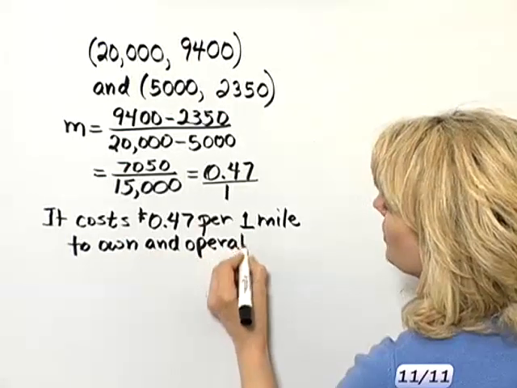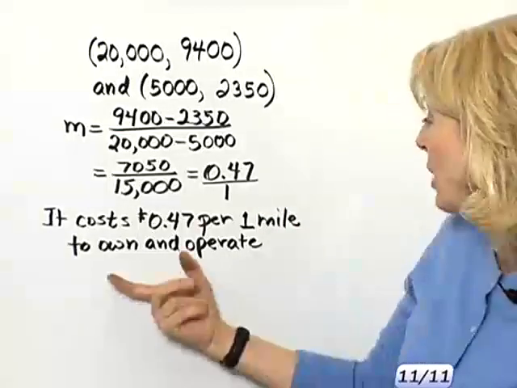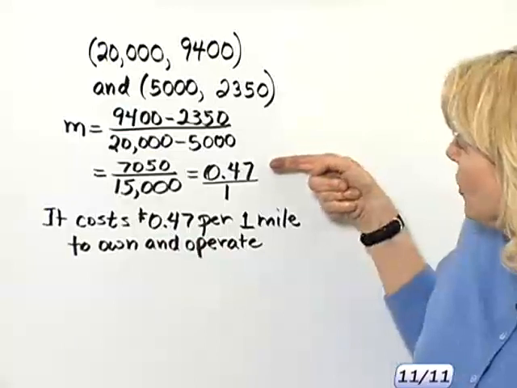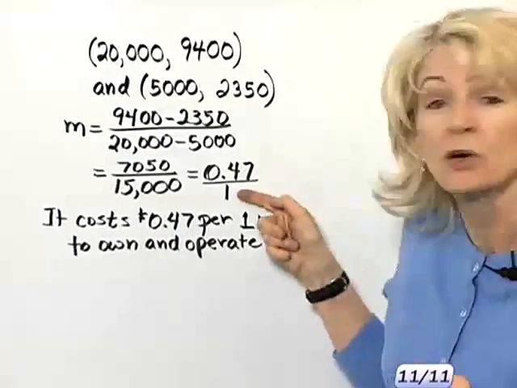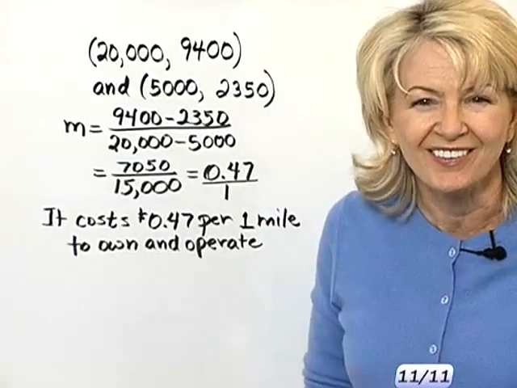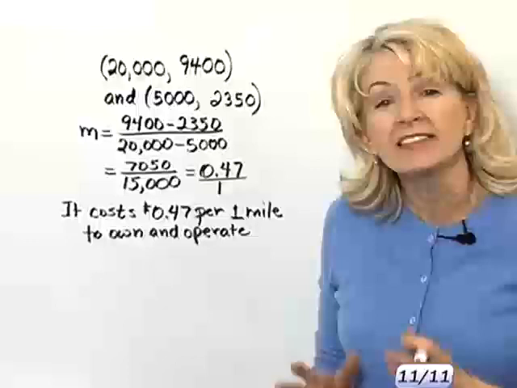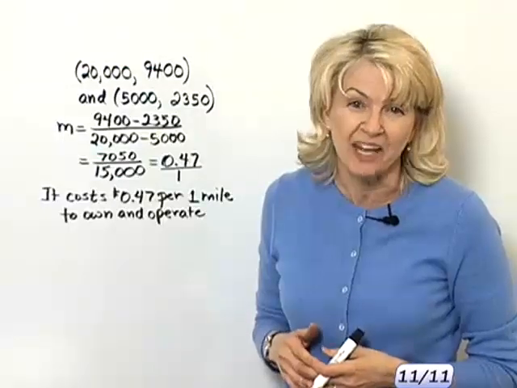And this is how we're viewing slope, as a rate of change. And that's how we're writing it in this application. It costs this much money, remember those are the y values, money, per 1 mile to own and operate. I think it's a compact car. All right, at this time, practice calculating slope and looking at slope as a rate of change.